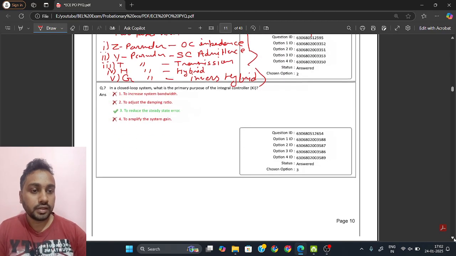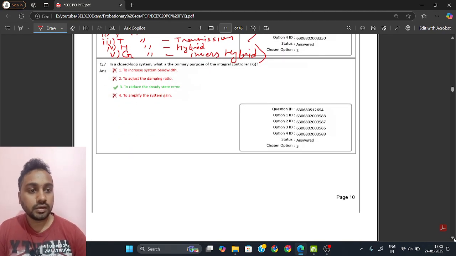Okay. In a closed loop system, what is the primary purpose of the integral controller? Generally we have some parameters in PID that are known as KP, KI and KD.